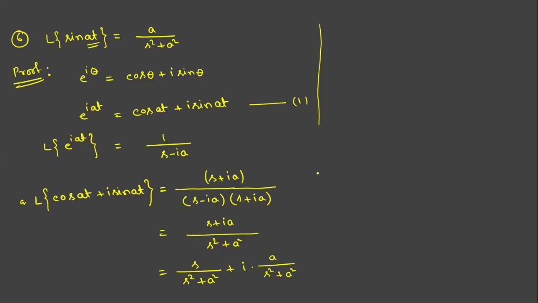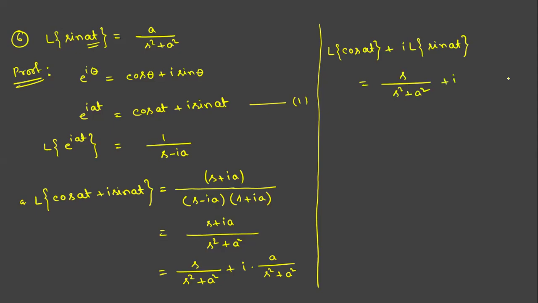Now from the left-hand side, you can break it in this form: the Laplace of cos at plus i into Laplace of sin at. And this equals nothing but s by s squared plus a squared plus i into a by s squared plus a squared.